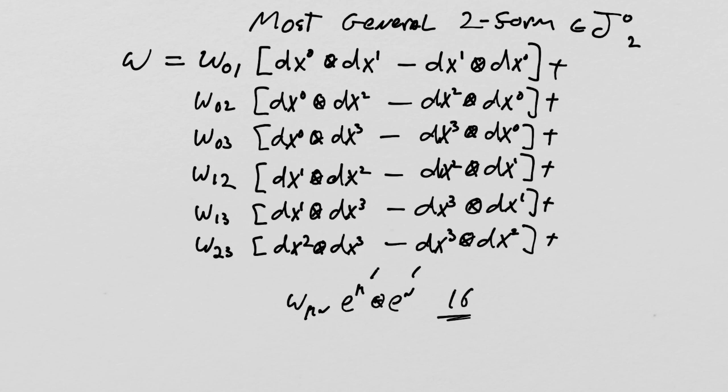So 16 separate numbers have dropped down to 6. And all 16 basis vectors are accounted for: 12, plus the 4 that are 0, that makes 16. So this is our form for the most general 2-form.